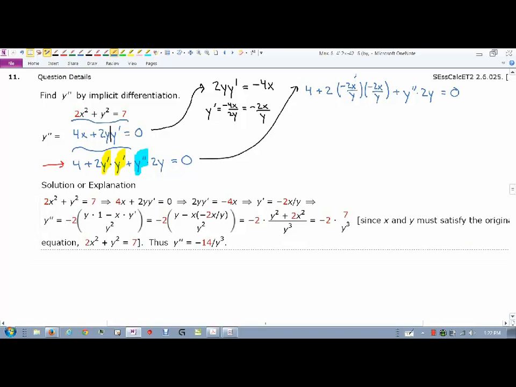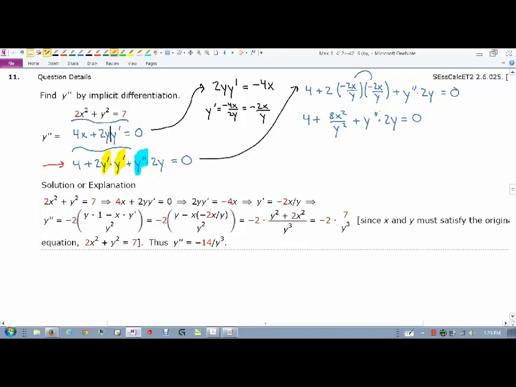So let me multiply these two together, and then I'll hit it with that 2. So 4 plus, I'll get 4x squared times 2, so that's 8x squared over, multiply the y and the y together, you get y squared on the bottom. Then plus y double prime times 2y equals 0.